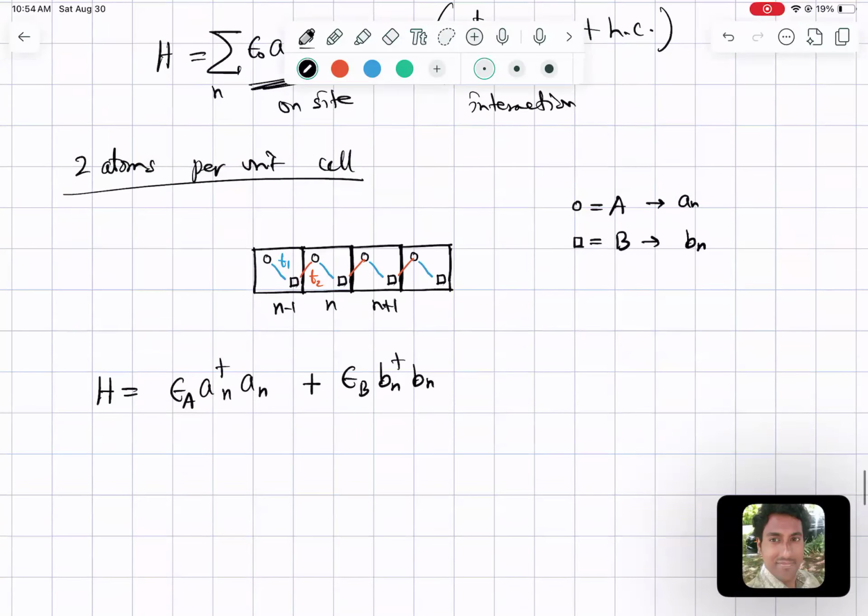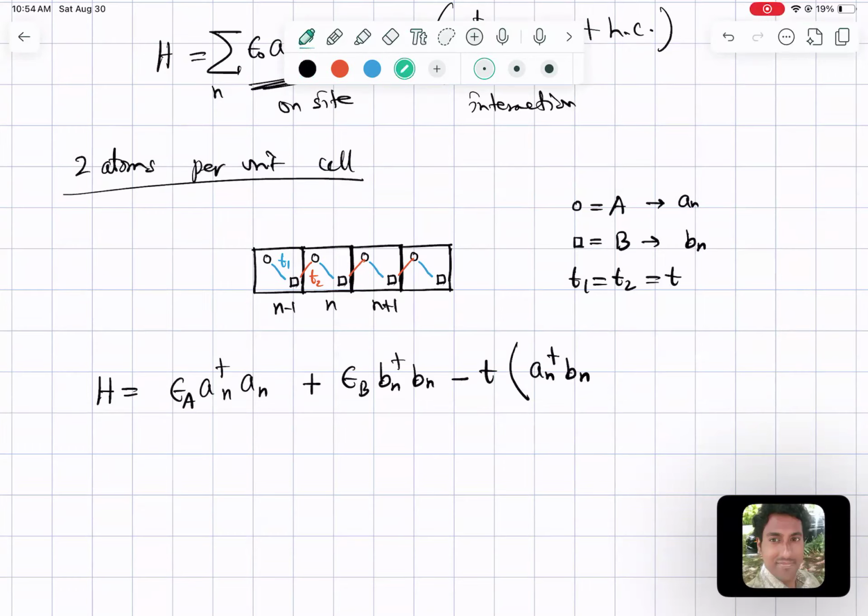Okay, and for the interaction, let's assume T1 equals T2 for now, equals T. They have the same interaction strength. And we have A_n dagger B_n. So what does A_n dagger B_n do?